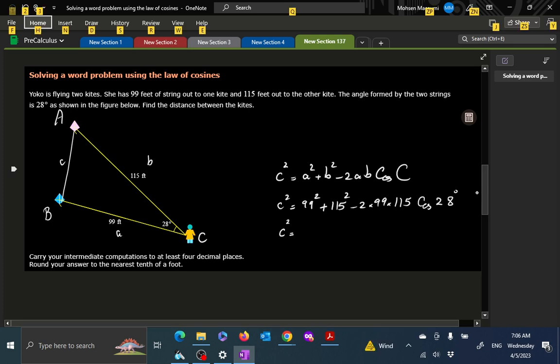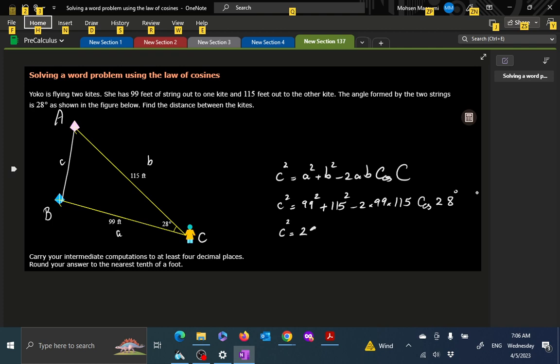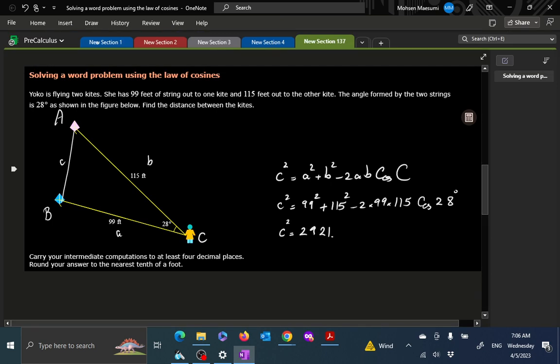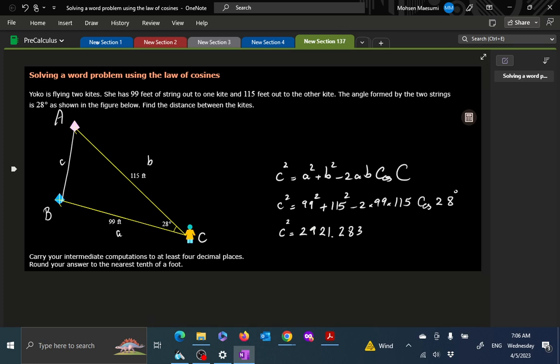So I get 2921 over 2833. And we calculate c now.